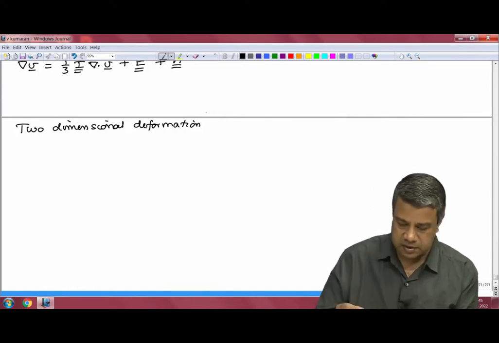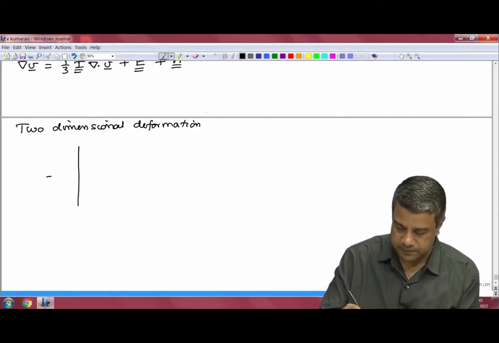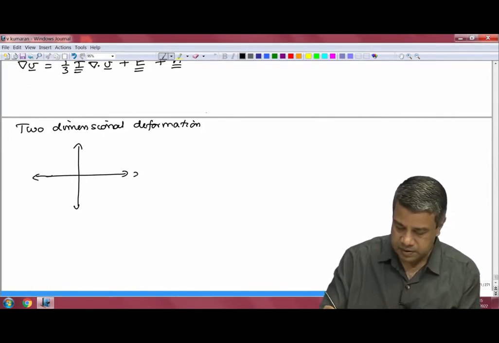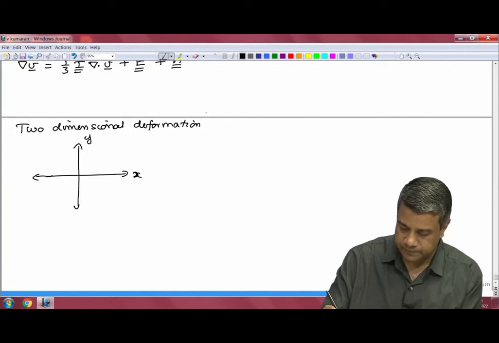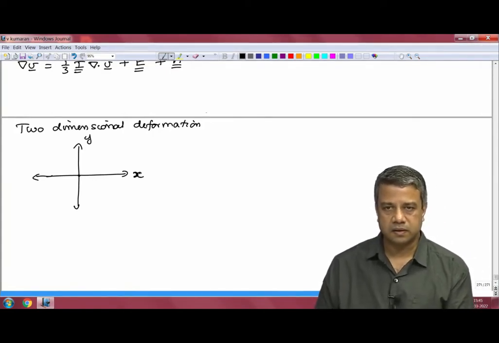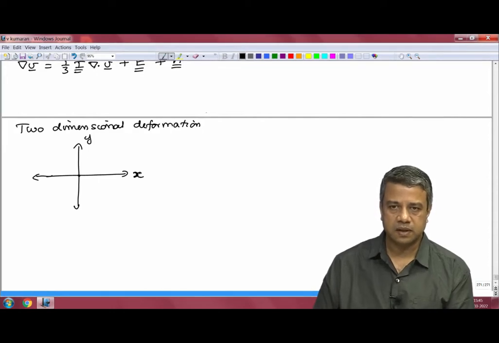So, in 2 dimensions I have 2 axes, x and y, and the origin is the location at which I am trying to get the deformation relative to the origin.